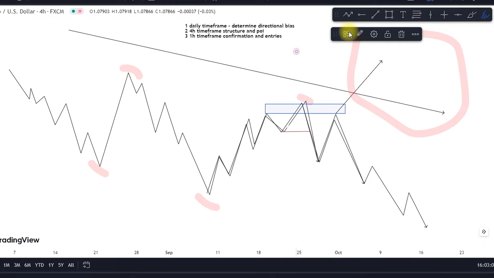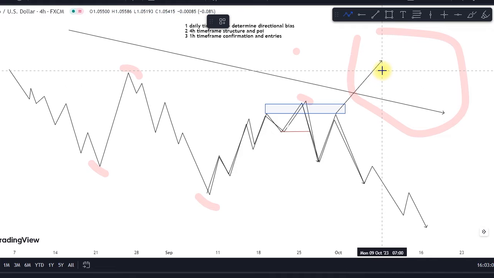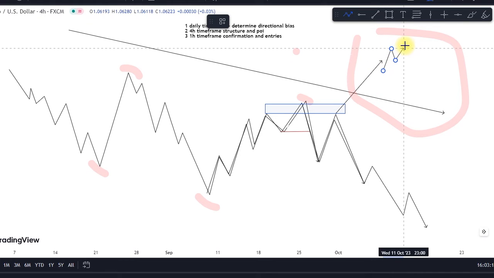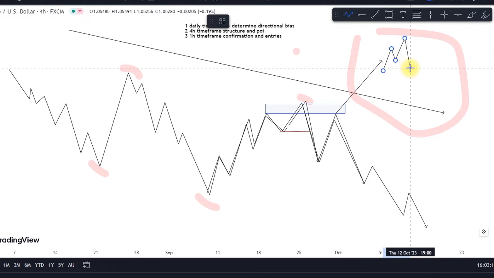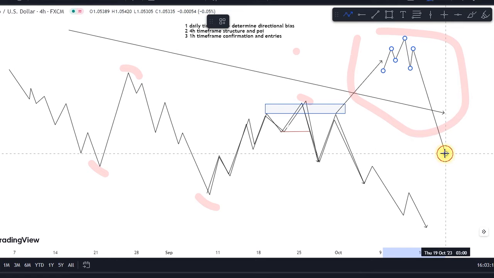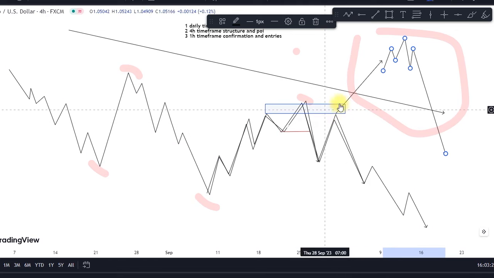We find a confirmation structure, something like this: a push to the upside like that, and then a small change of character, a retracement, and then a push to the downside. So this is what we expect to see when we tap into this point of interest here.